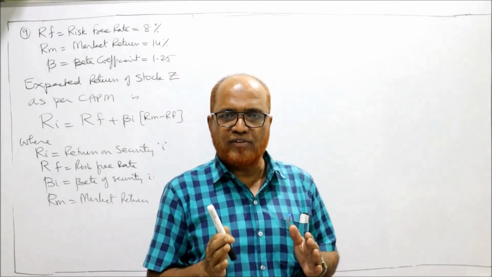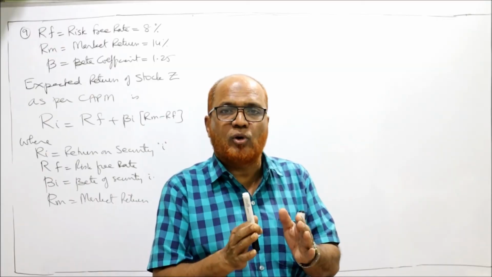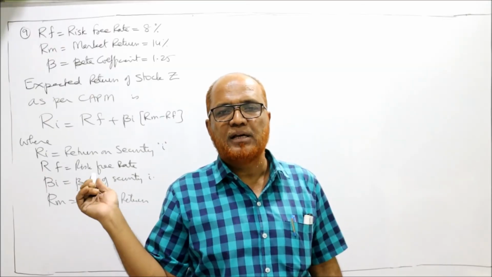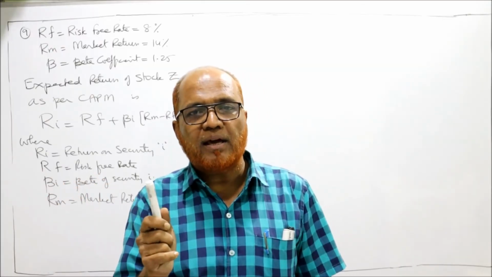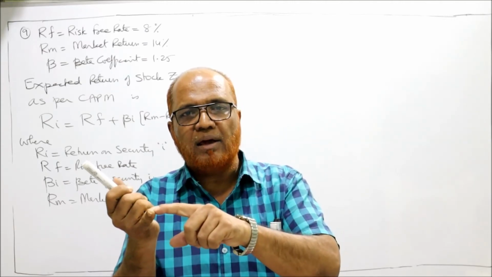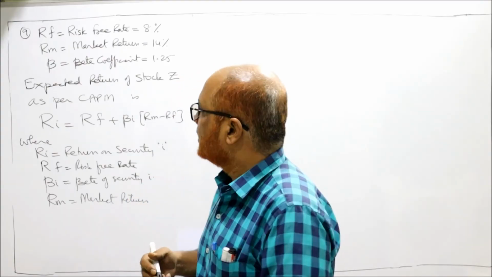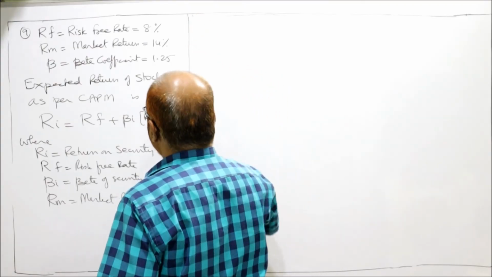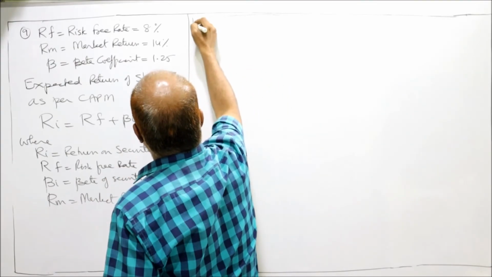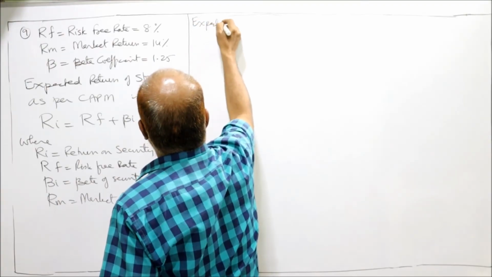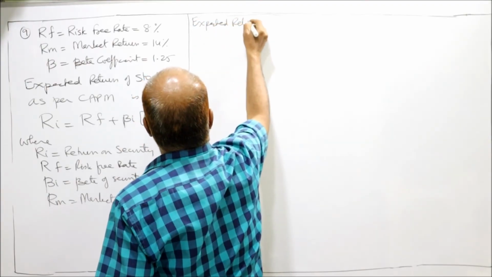The expected return of a stock or expected return of a portfolio we can find out by applying CAPM. तो CAPM कब अप्लाई करेंगे? अगर प्रॉब्लम में RF, RM और बीटा अगर दिया तो. ठीक, चलिए. Now we calculate expected return of stock Z.